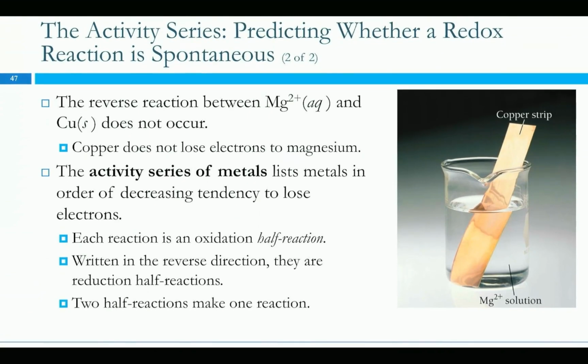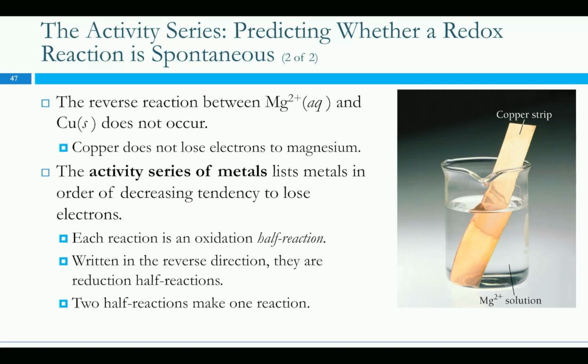If you take a copper strip, copper metal, in a magnesium 2+ solution, because the magnesium loses the electrons more easily than the copper does, magnesium here has already lost all those electrons, and thus copper has no electrons to steal from the magnesium. So these are reactions that are spontaneous only in one direction. You could, in theory, have a whole series of metals that you stick into different solutions, constantly swapping the electrons from the most easily lost to the less easily lost.